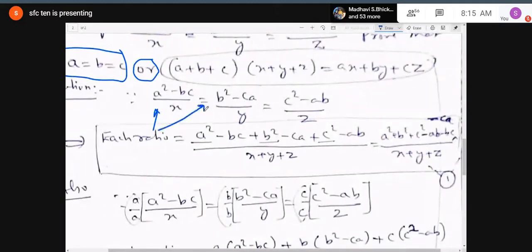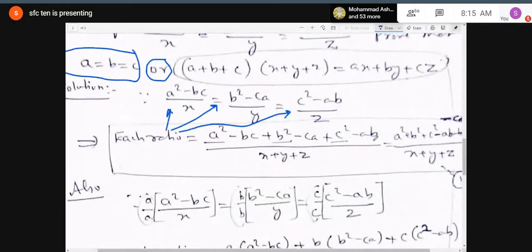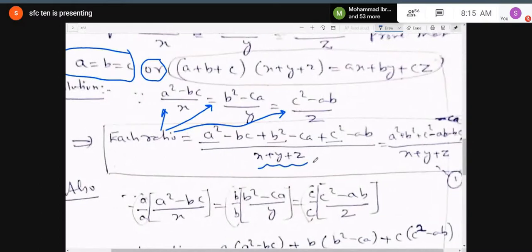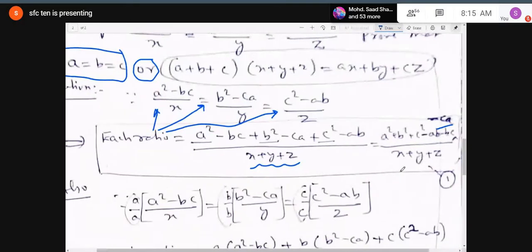Each ratio is equal to, I have added the numerators, I have added the denominators, and finally I have written the solution like a square minus bc plus b square minus ca plus c square minus ab. I have written separately as a square plus b square plus c square, I have taken out these terms separately, and minus ab minus bc minus ca upon x plus y plus z. This is the first result which we have got.